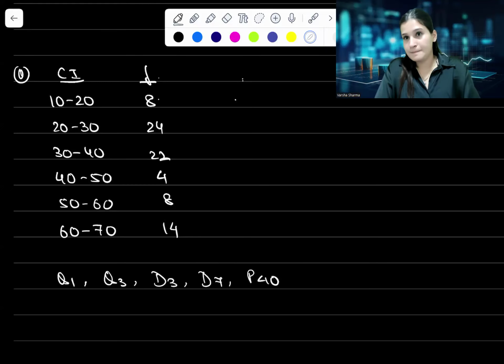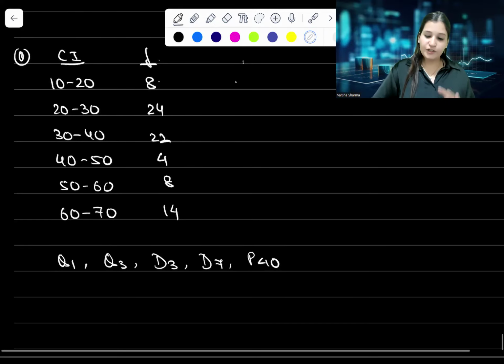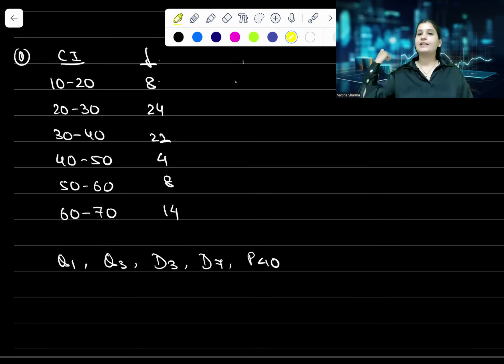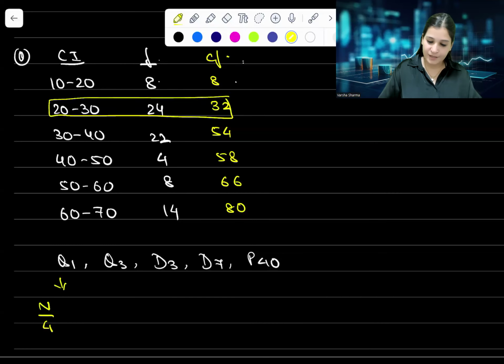Done, guys? Yes, ma'am. Answer for the first one, Q1. In order to do these sums, what do we need? We need cumulative frequency. So cumulative frequency will be 8, 32, 54, 58, 66, and 80. For Q1, we calculate n by 4, that is 20. So this one will be the Q1 class.